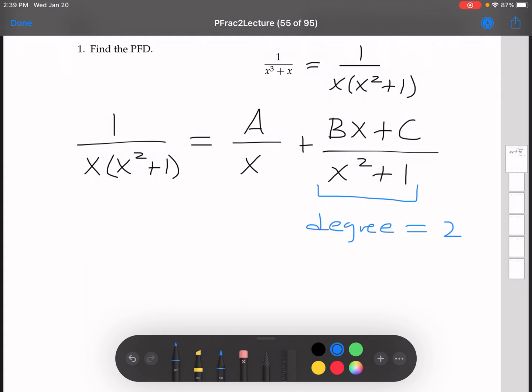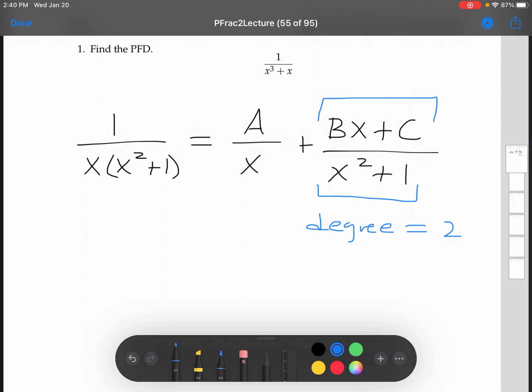And so we want the top, bx plus c, to be the most general possible form of a polynomial that's 1 degree less. So the bottom, the denominator, is degree equals 2.